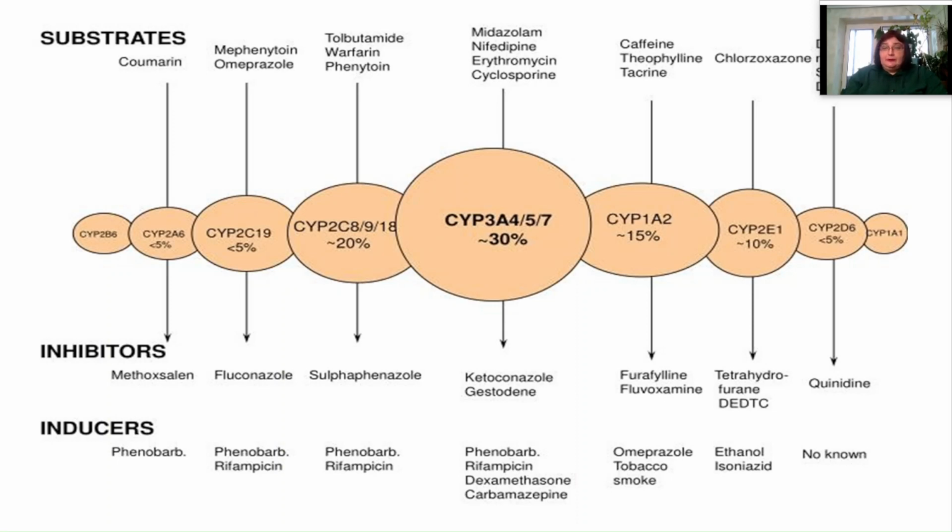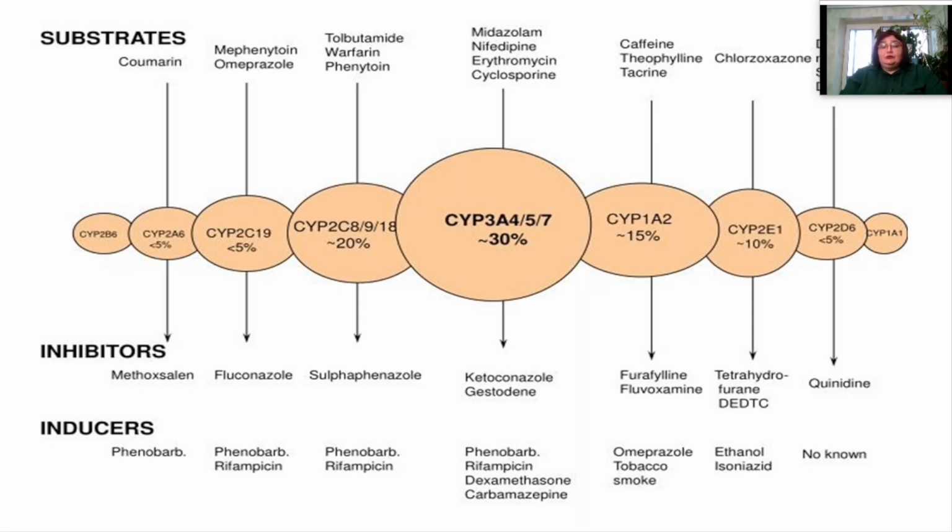When we're talking about cytochrome P450 systems, you see types of cytochrome: cytochrome 2B6, cytochrome 2A6, cytochrome 2C19, cytochrome 2C8, 2C9, cytochrome 3A4/5/7, cytochrome 1A2, cytochrome 2E1, cytochrome 2D6.